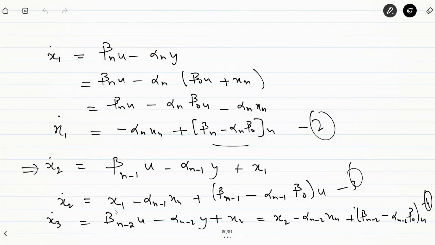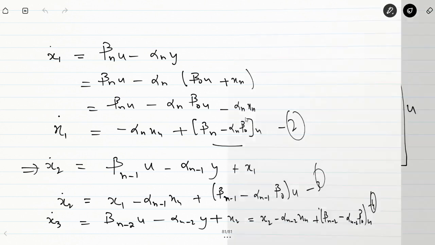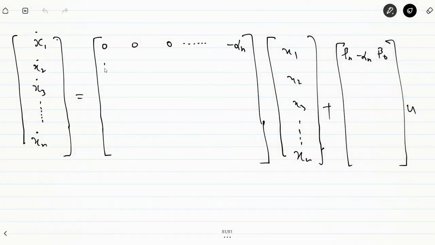x2 dot is x1 minus alpha n minus 1 xn. So this is 1 times x1, 0 times x2, 0 times x3, up to minus alpha n minus 1 times xn.